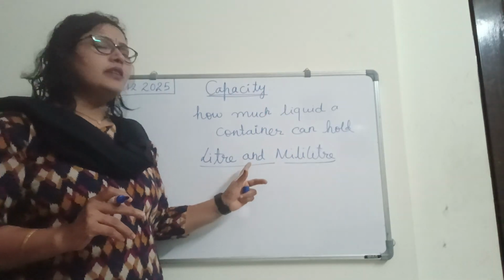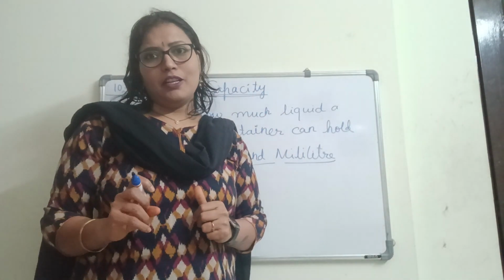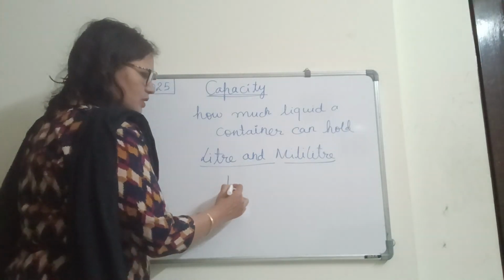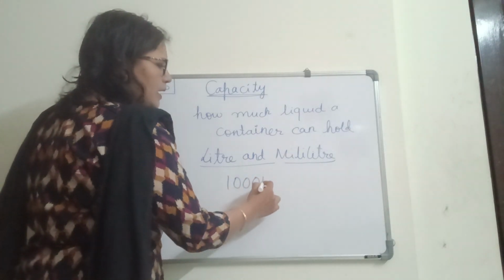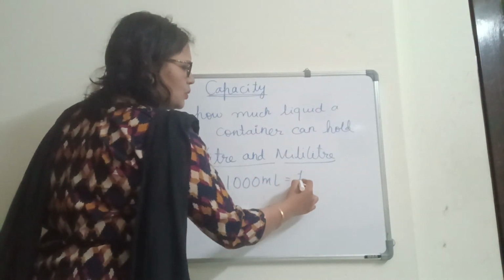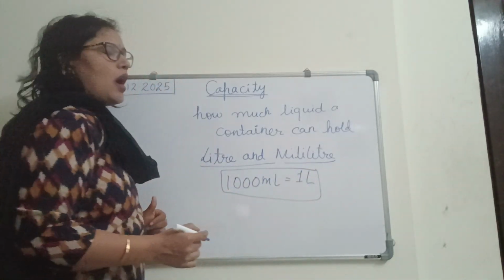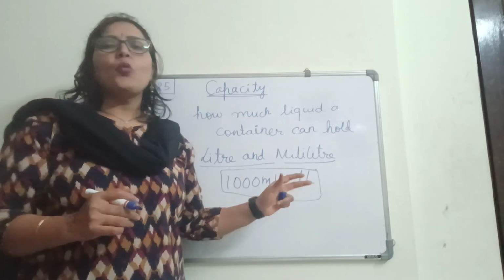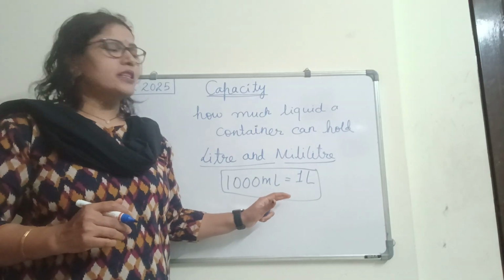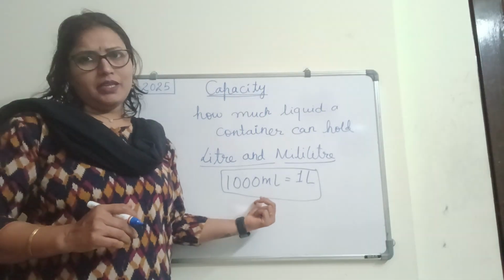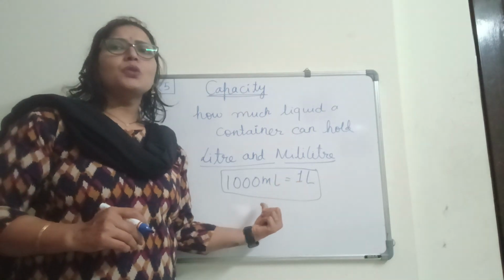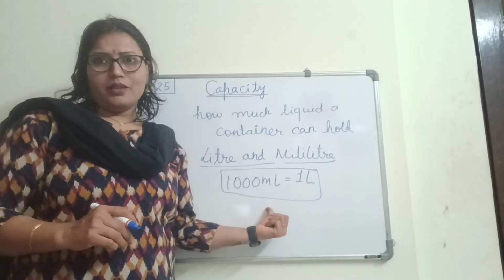What is the relation between the liter and milliliter? 1000 milliliter equal to 1 liter. So one part out of 1000 is nothing but our milliliter. 1 liter is equal to 1000 milliliter.